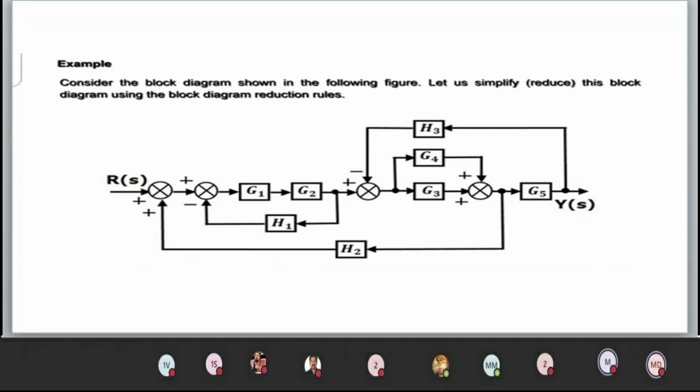So first convert both the blocks into a single block. Next, G3 and G4 are connected in parallel, feed forward. So convert that to a single block, G3 plus G4. This is the first step any student should proceed with so that he can further simplify easily.